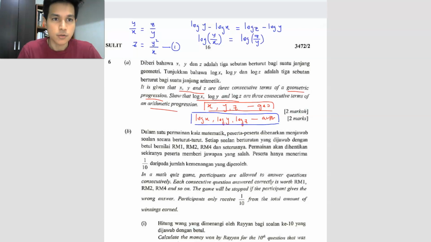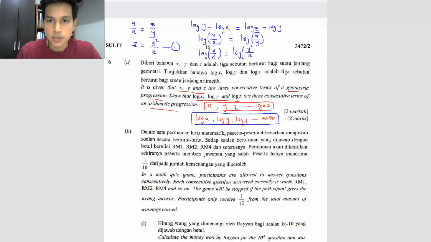Now what you notice is that this side has z, correct? So we are going to substitute z with the first equation. When you substitute, the left hand side is still going to be log y over x. This one doesn't change. The right hand side, the z now becomes y square over x.